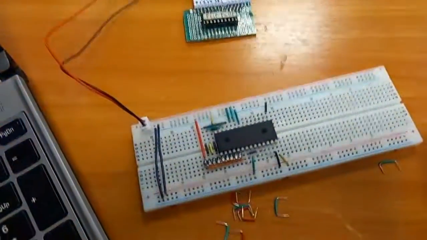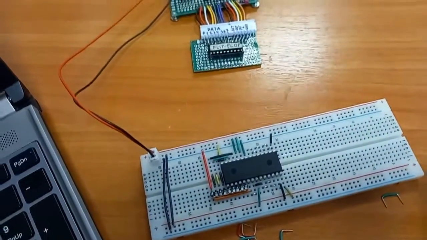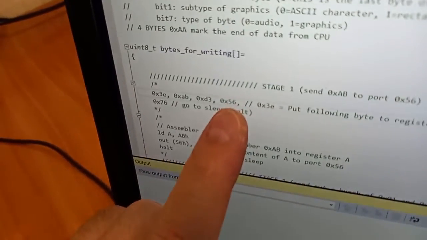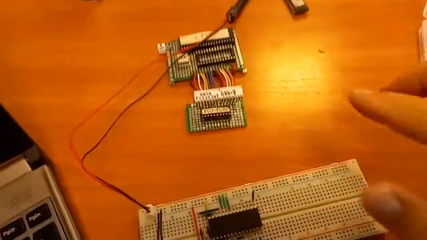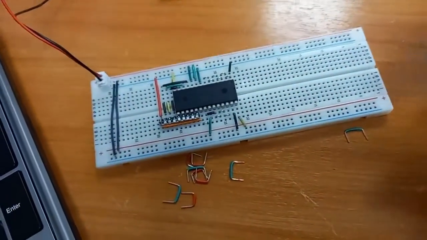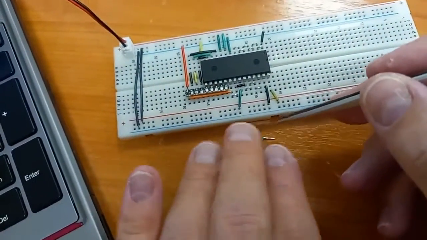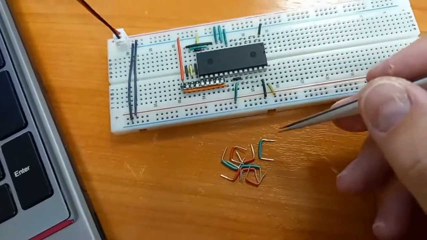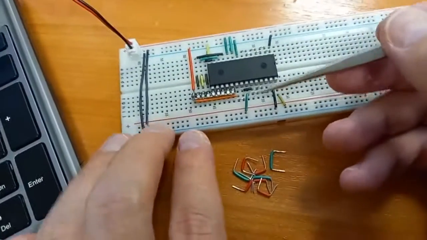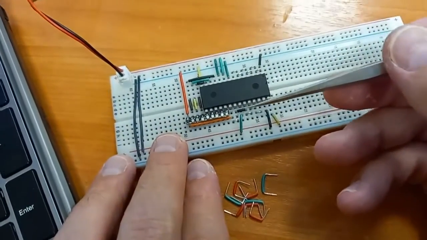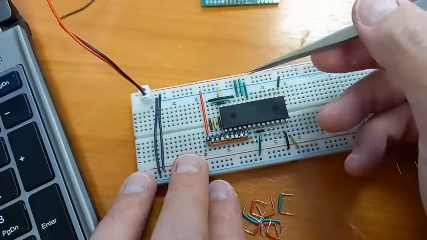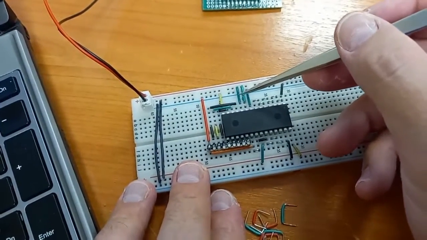It doesn't matter at all, because we are not using this 56. This number is going to sit at the address bus that we are not using. So we just leave it like it is.